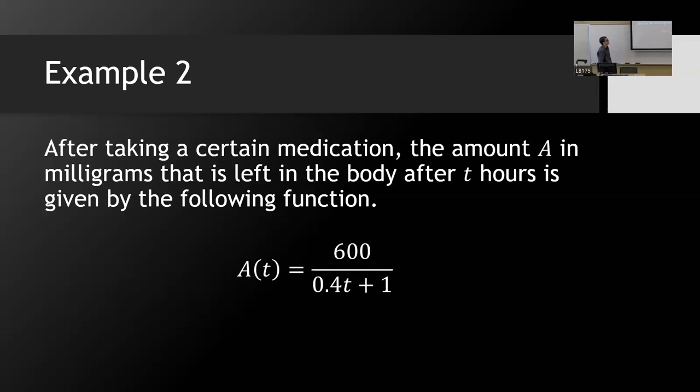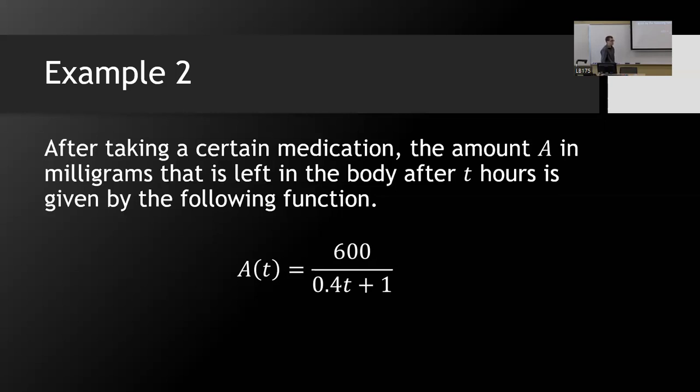And once again, we could figure out after 4 hours how much is in the system. Initially, how much is in the system. After 5 days, what would that be? 5 times 24 hours per day, 120 hours.